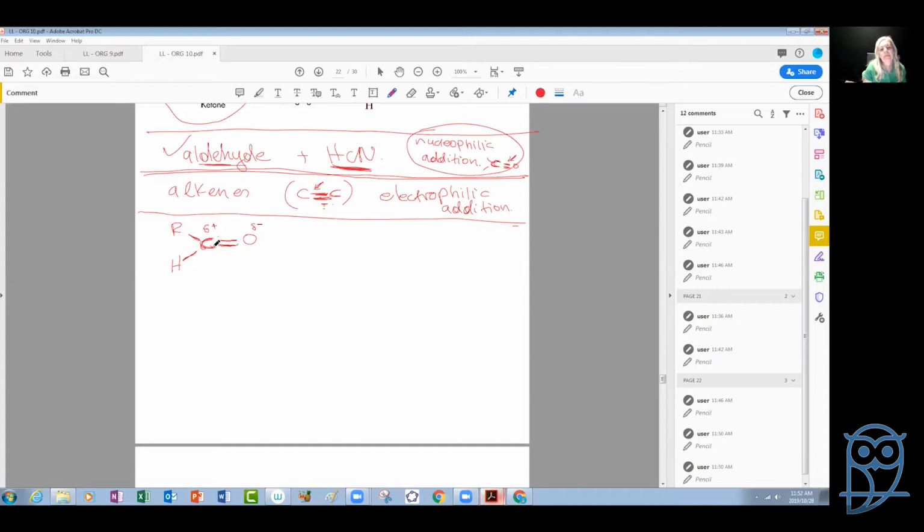Now this is going to react with this molecule of hydrogen cyanide. You see a hydrogen cyanide molecule. How can we represent it with the bonds? It looks like that, isn't it?